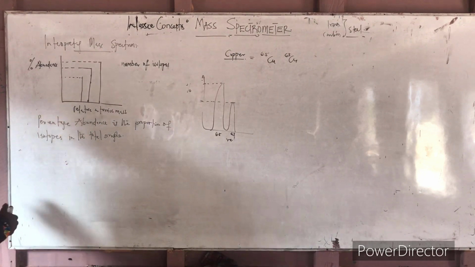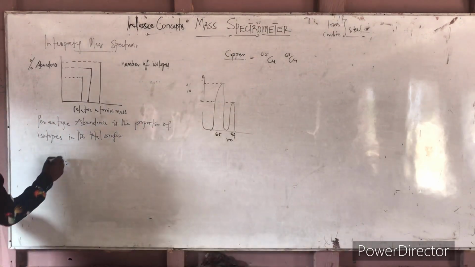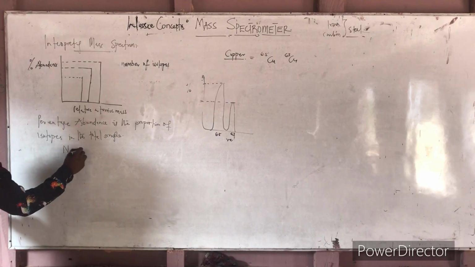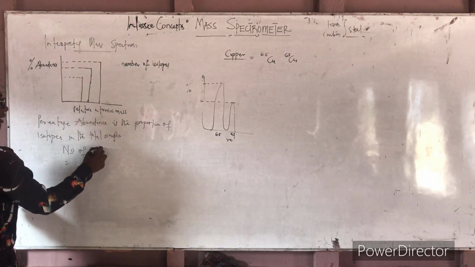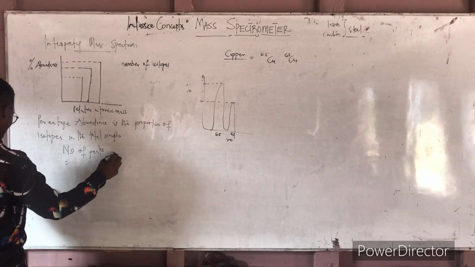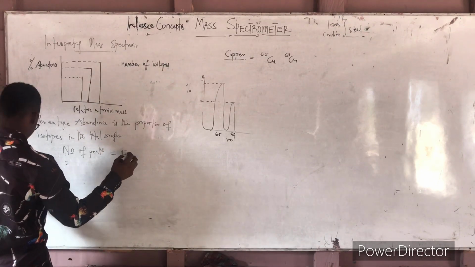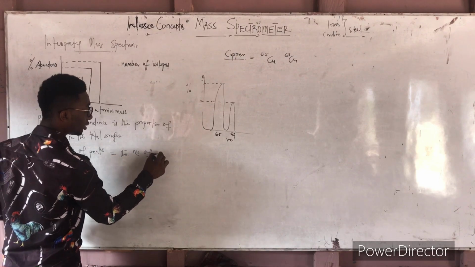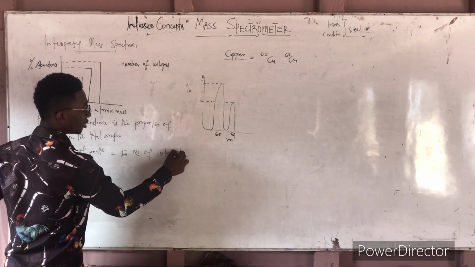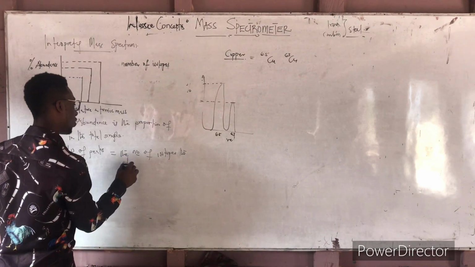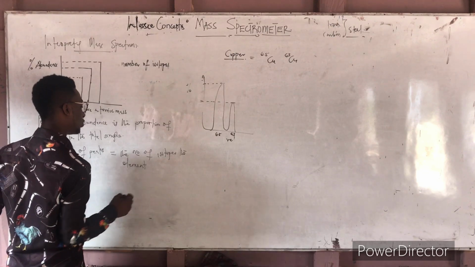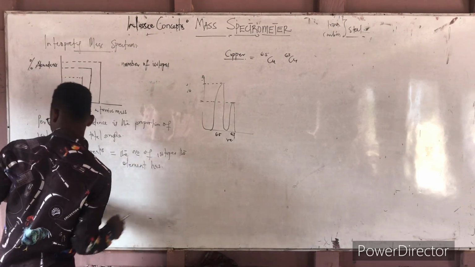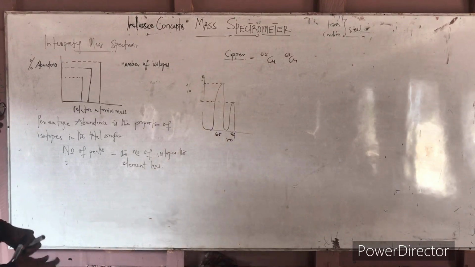Take note that the number of peaks indicates the number of isotopes the element has.